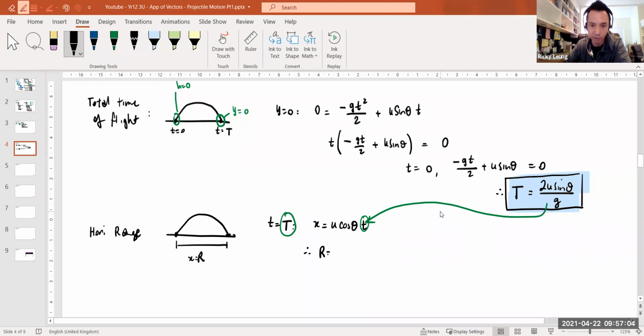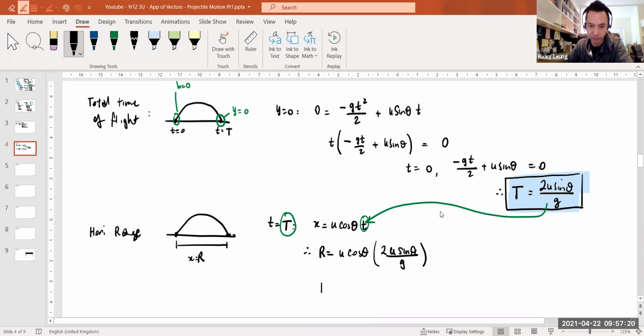Therefore, horizontal range equals u cos theta times 2u sine theta on g.